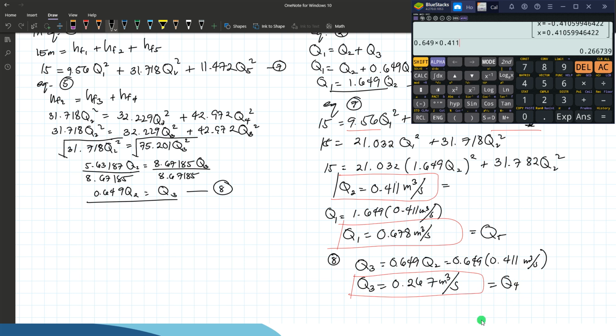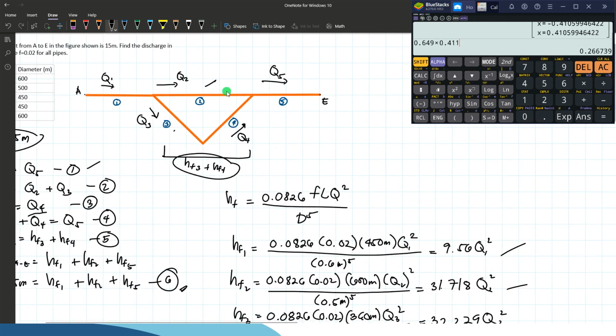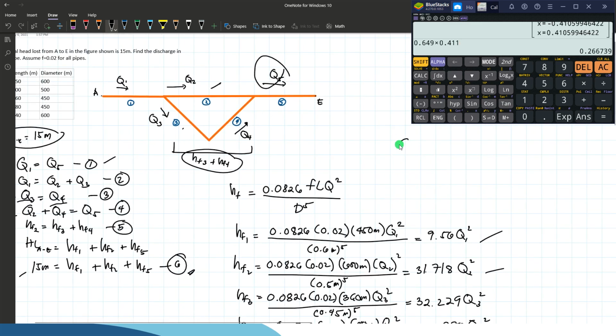Okay, so to check, we add the discharge of pipe number 2 and pipe number 4, so our computed value should be equals to Q1, or as we determined, Q5. It should be the same with discharge at pipe number 1, or the inflow discharge.